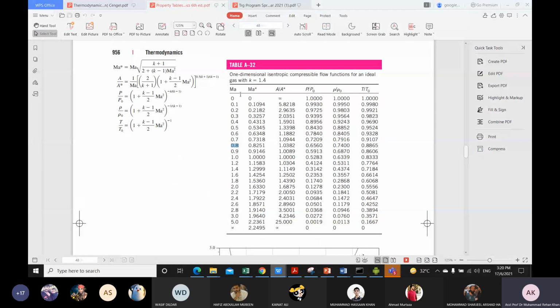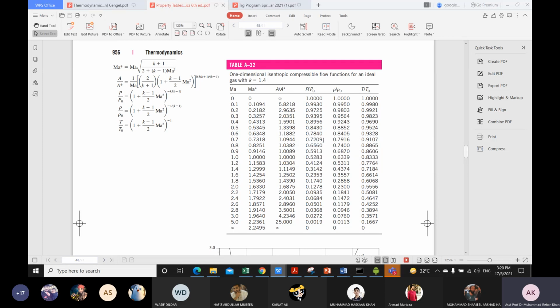You have to check this line which is p by p naught, okay, and look for the value that is 0.670. So 0.670 lies in between these 2 points 0.7209 and 0.6560.